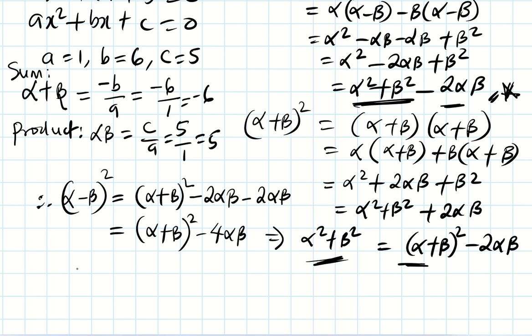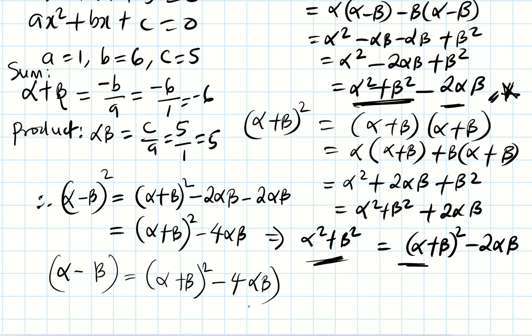Now, so we have this, we can simply say alpha minus beta, by taking the square root of both sides, is alpha plus beta squared minus 4 alpha beta, all raised to the power of 1/2. That is the square root.